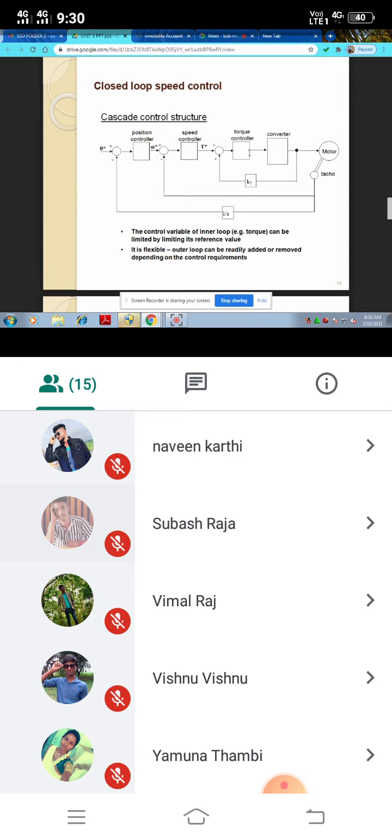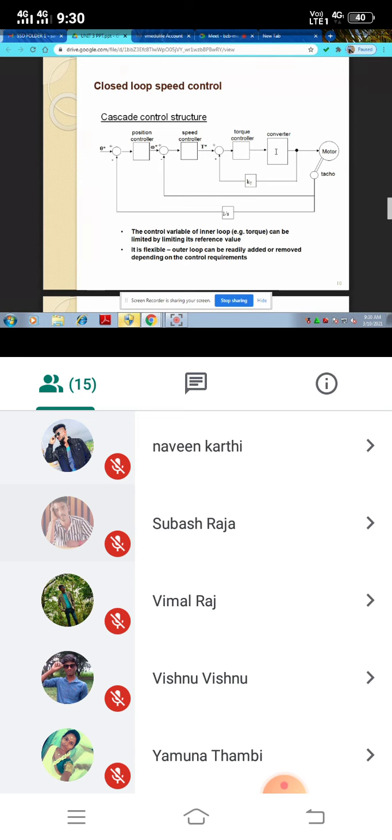The torque controller is cascaded with the converter. Listen to my words: torque controller cascaded with converter. Already I am saying cascade means two various blocks connected for a single purpose, connected nearby for a single purpose. These two blocks are connected and give a proper output by using one single process.